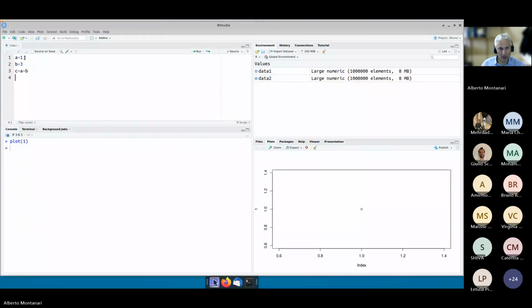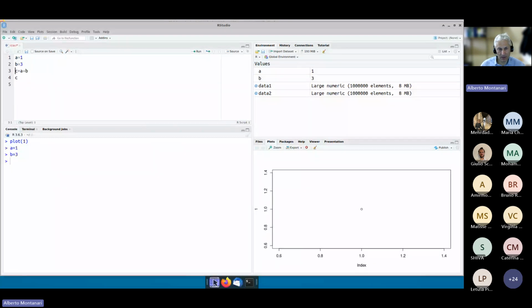Now, if I want to bring these instructions to the console, and then let me add the value of c, okay? What I can do is either run them one by one. So if I click on run here, look, you see in the console a equal 1, and then I got in the global environment the name of the variable. And then the script advanced to the next run, b equal 3.